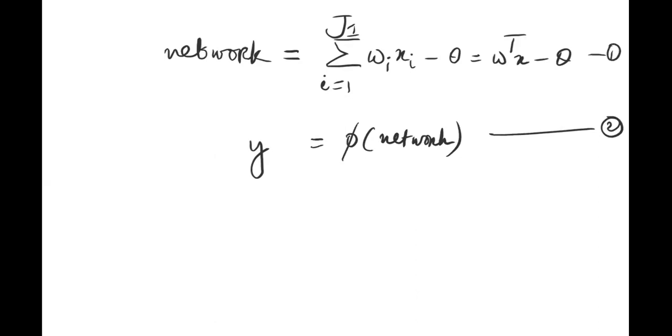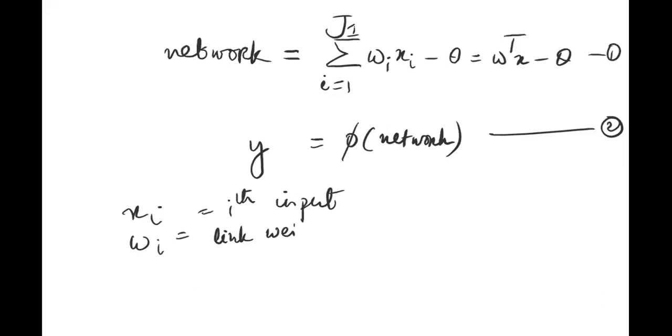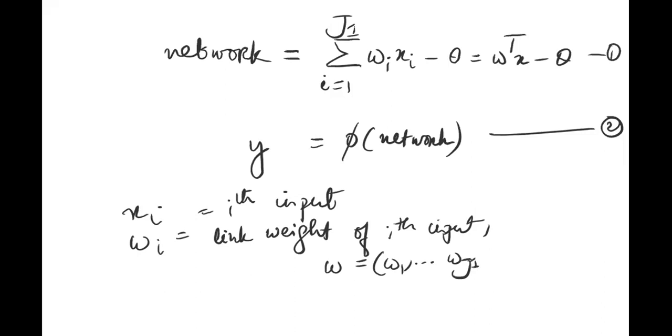Here, Xi is your ith input. Wi is your weight, or you can also call it a link weight, of your ith input, where your W is W1 all the way to WJ1 transposed.